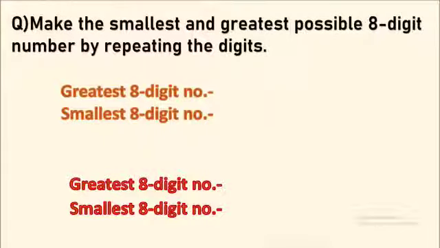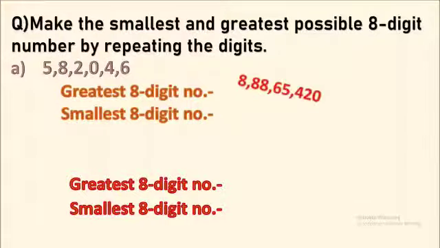Here we have, make the smallest and the greatest possible 8-digit number by repeating the digits. So how many digits are there? Again 6 digits. What are the digits? 5, 8, 2, 0, 4 and 6. So to get the greatest number, you need to repeat the greatest digit, that is 8. So we will be repeating 8.